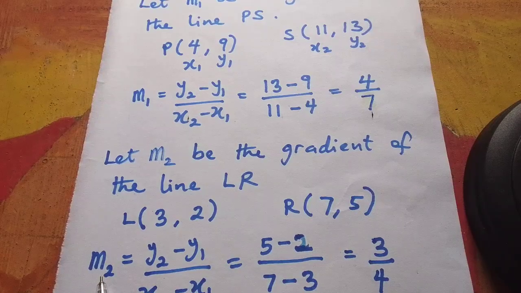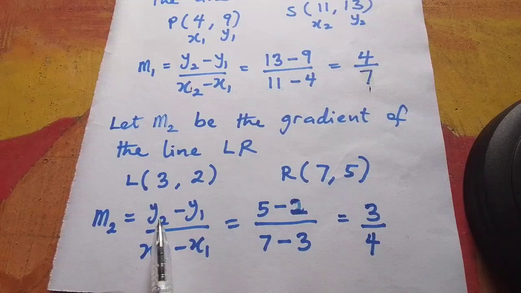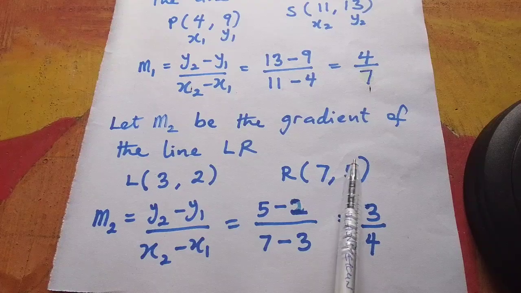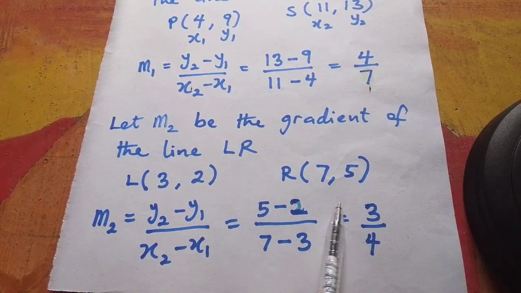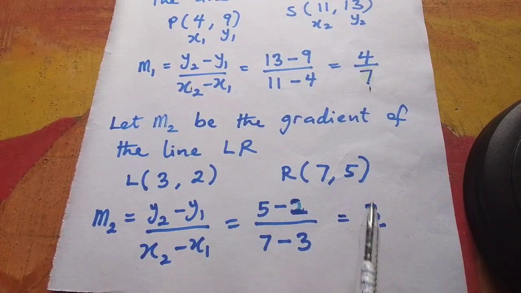The gradient m2 is y2 minus y1 over x2 minus x1, that is 5 minus 2 over 7 minus 3. 5 minus 2 is 3, over 7 minus 3 is 4. That is 3 over 4.